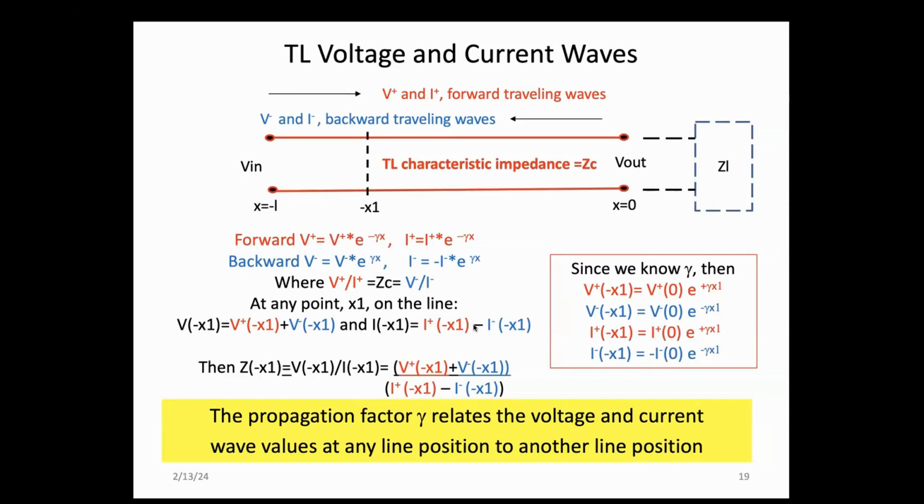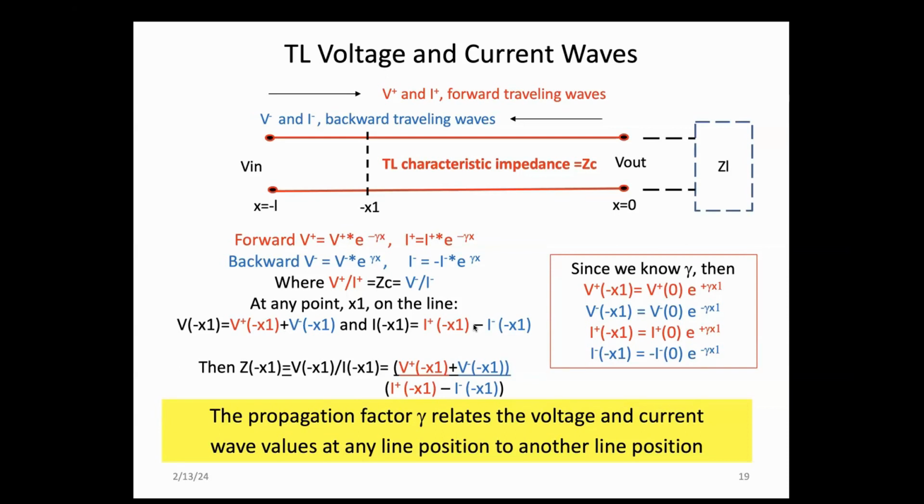In fact, thank goodness, because that's how our antenna analyzers work. In red are shown the forward voltage and current waves, and you notice they propagate with this propagation factor that has both the attenuation and the phase factor in it. And the backward waves likewise behave in the same kind of fashion.